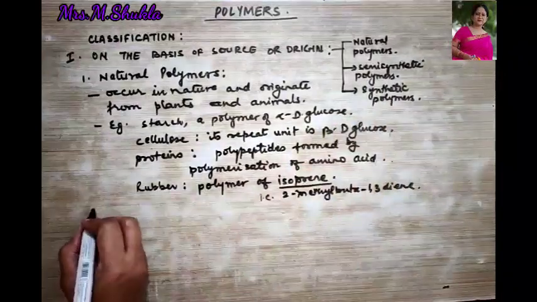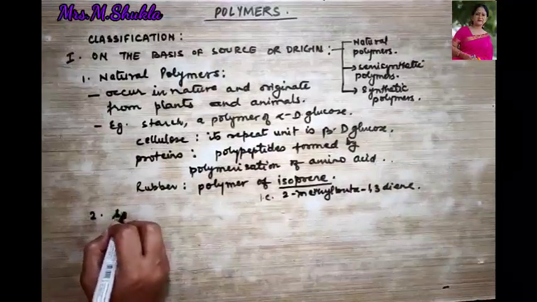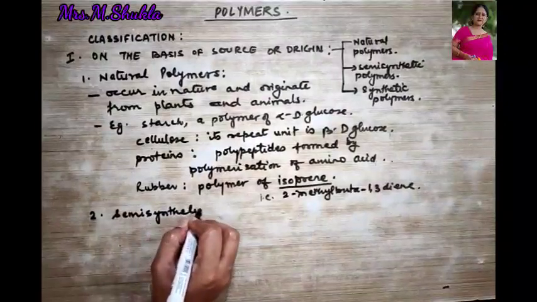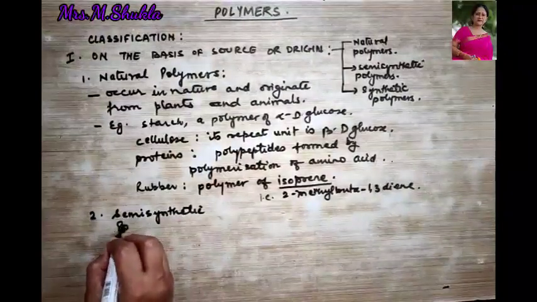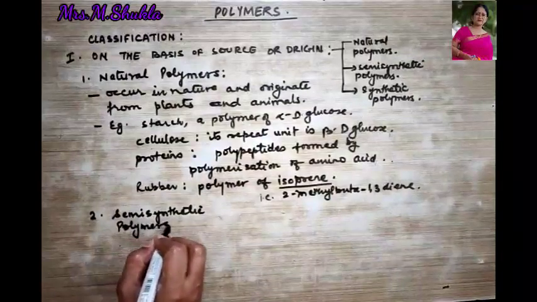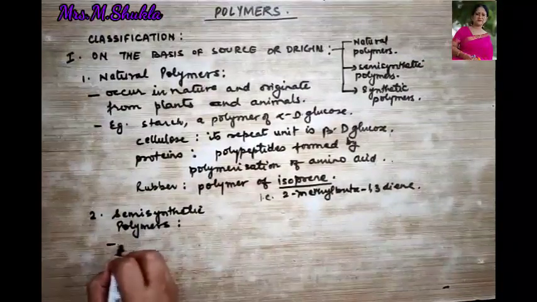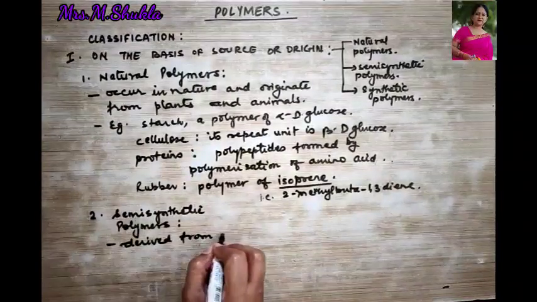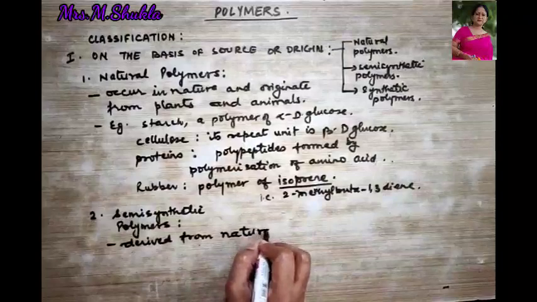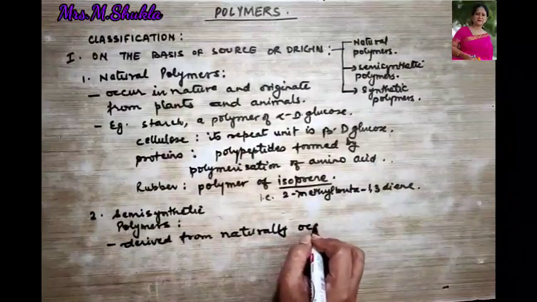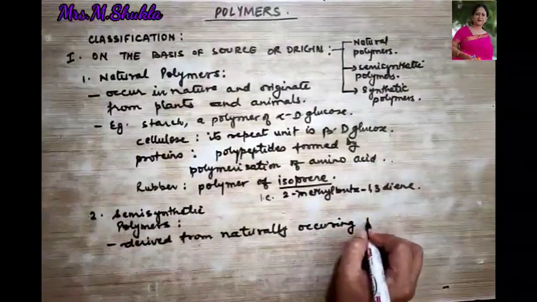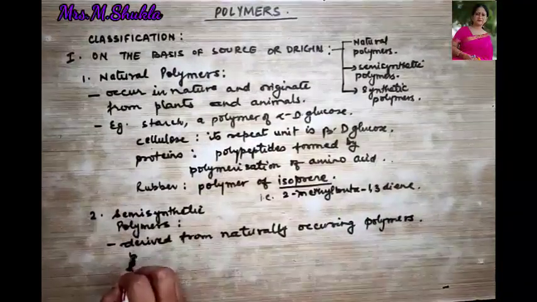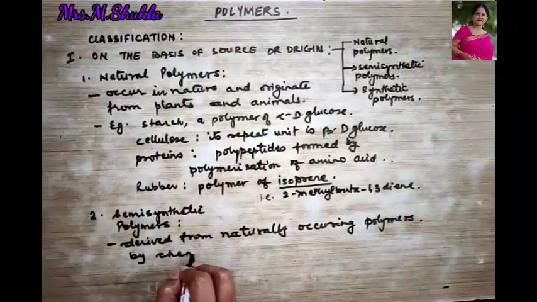Next, coming to the second one, the semi-synthetic polymers. These are derived from naturally occurring polymers by a chemical process.